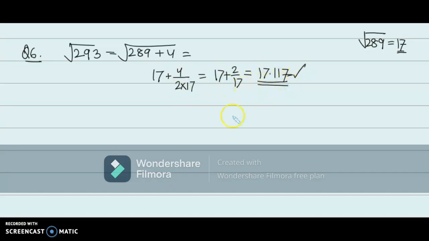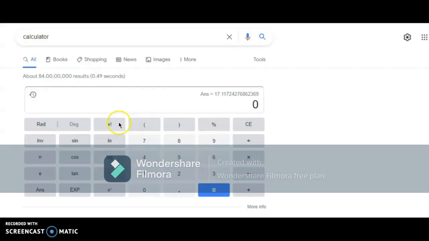17.117. Now I will show you on the calculator what the actual answer is. Now in this calculator I am going to find the square root of 293. So square root of 293 is equal to 17.117.